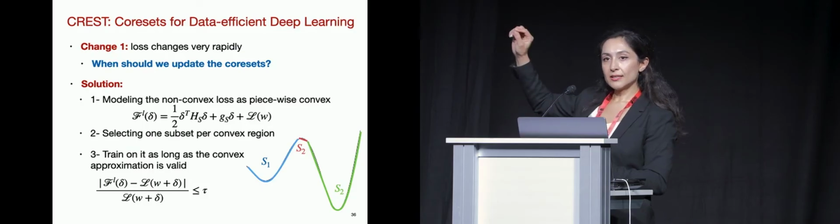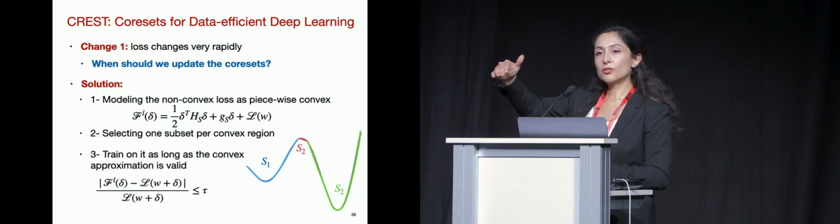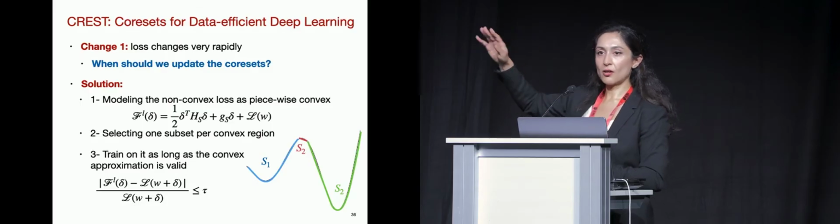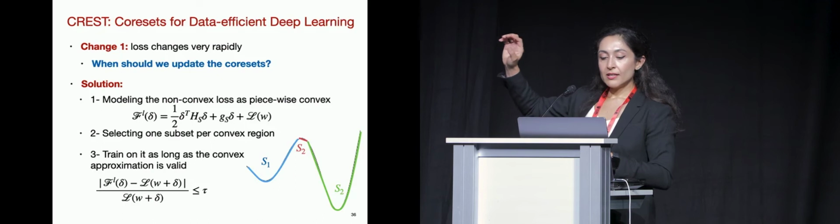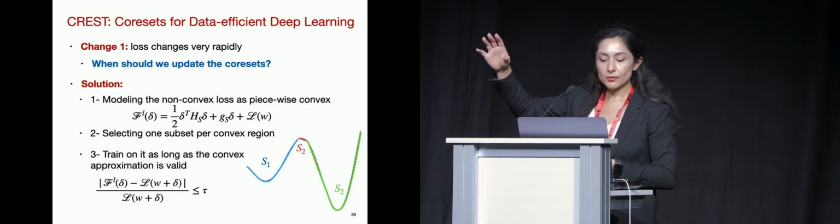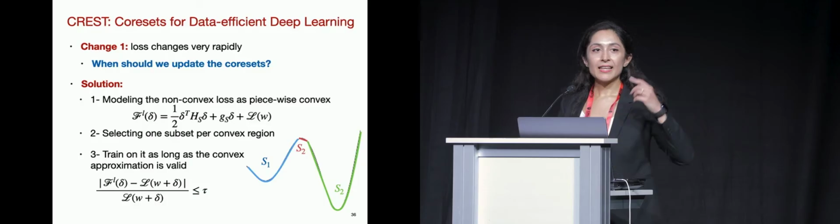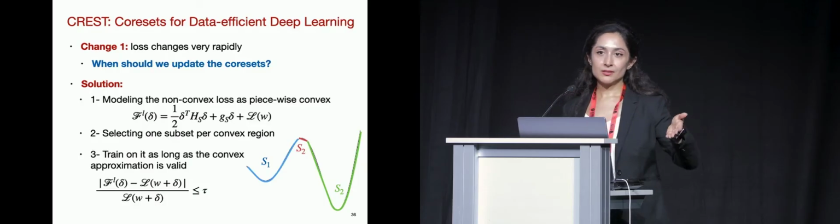We keep training on it, and we keep checking the difference between the blue and the original loss, which is the black non-convex loss. Whenever this distance between the blue and the black becomes larger than a threshold, we know that we are out of this blue convex region. At that point, we know that we have to update the subset.